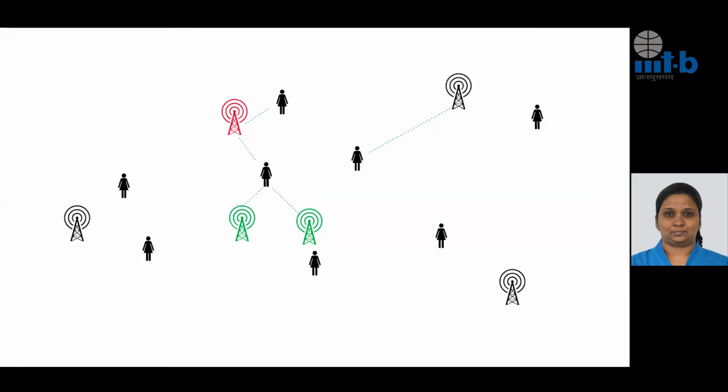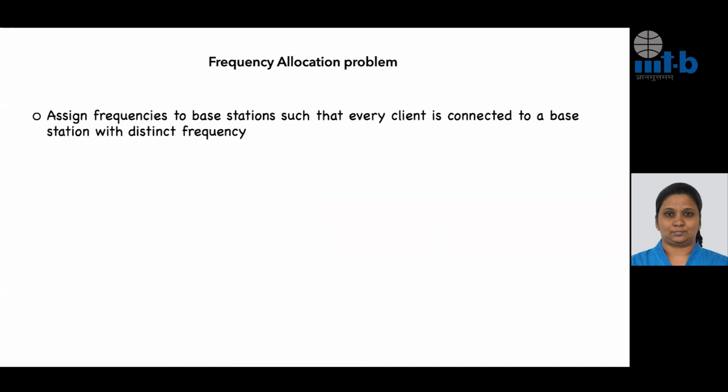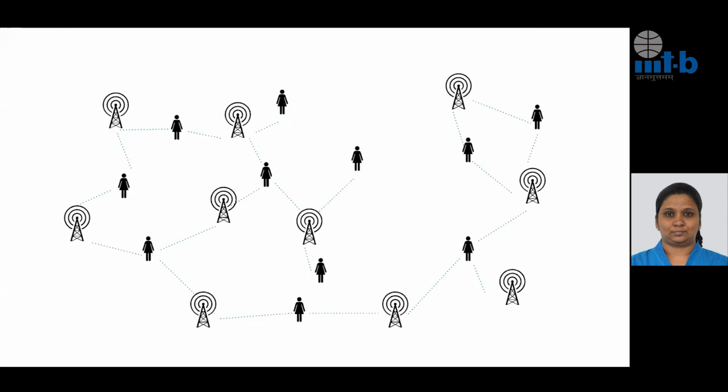So this is the problem that we have. The problem is to assign frequencies to base stations such that every client is connected to a base station with a distinct frequency.